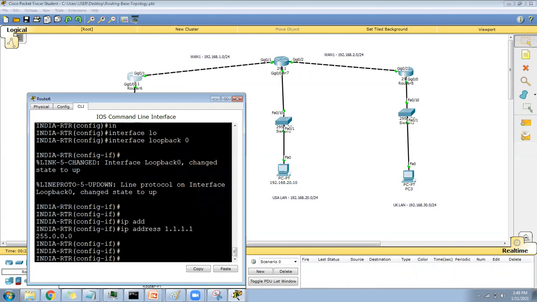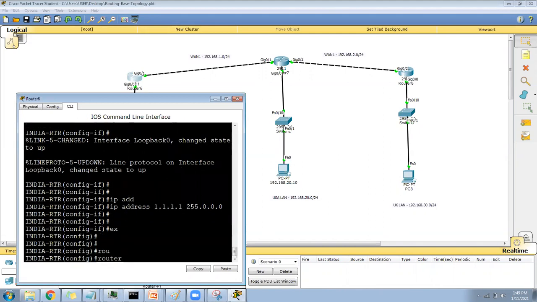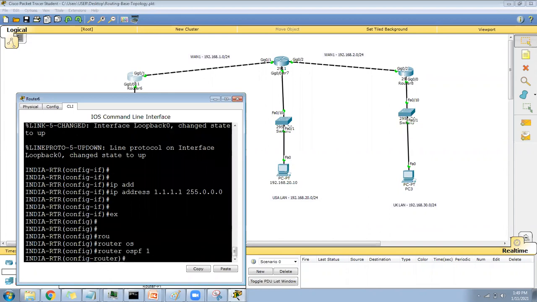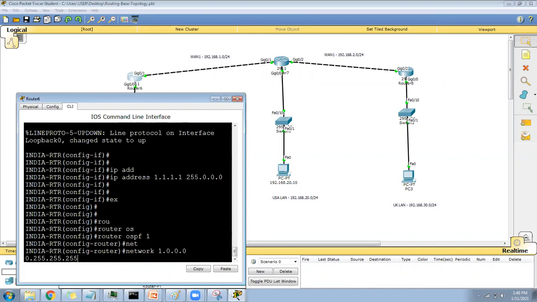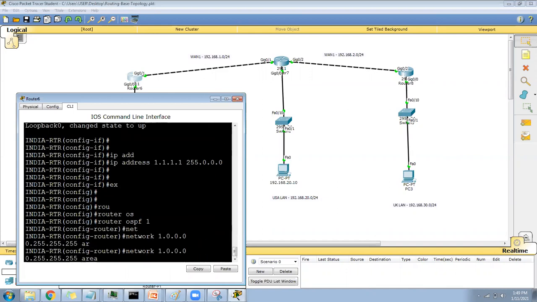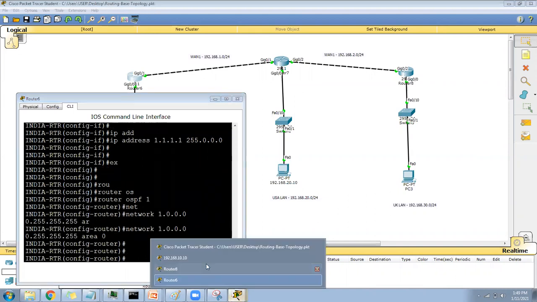So I need to advertise that loopback into OSPF. How to advertise? Router ospf 1. Under that OSPF, I'm saying network 1.0.0.0 0.255.255.255 area 0. Done. I just advertised one network here.